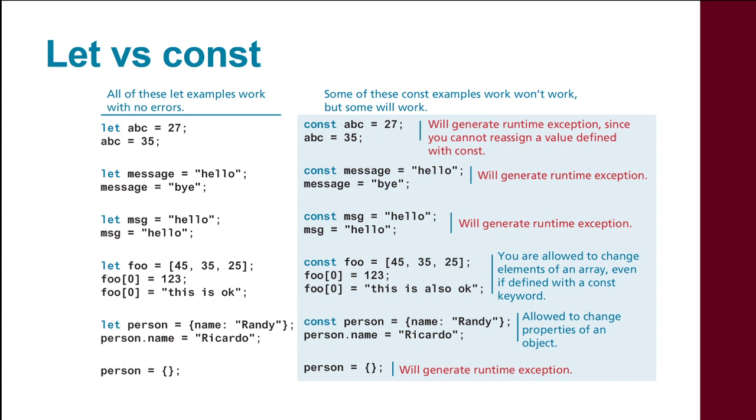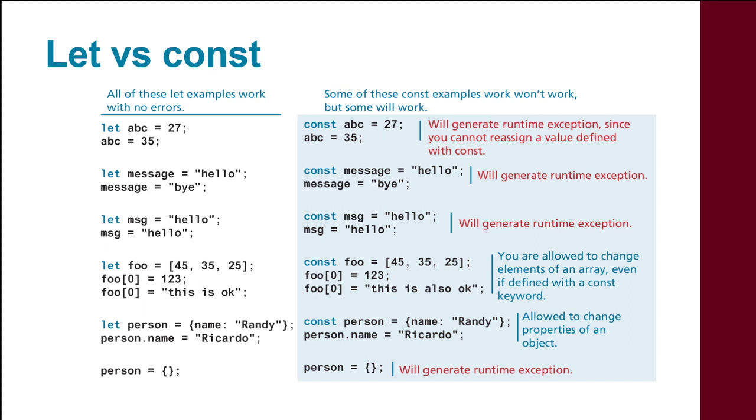With the exception of an array or a property. If you have an array set as a constant, you can set the elements of that array to something else and be fine. If you tried to set that array to something else, it would error.